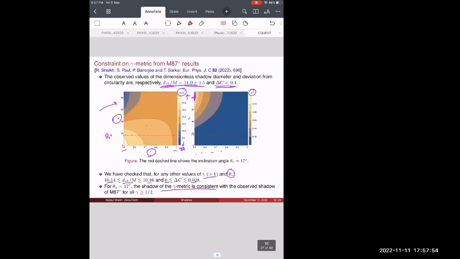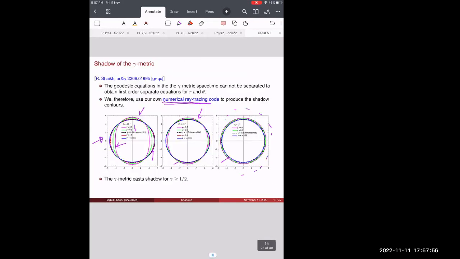Yeah. So what if there are multiple unstable photon surfaces? Do we see multiple shapes or multiple radii of the shadow? Multiple potential fields you are saying? Yeah. No, I have not used that.